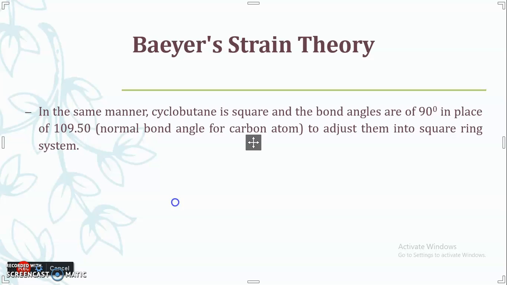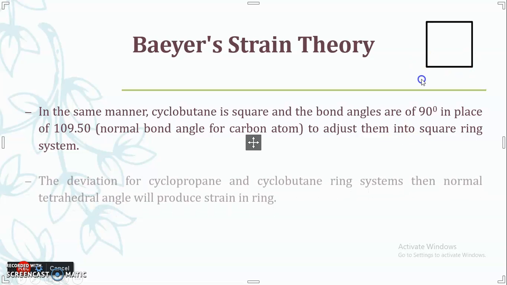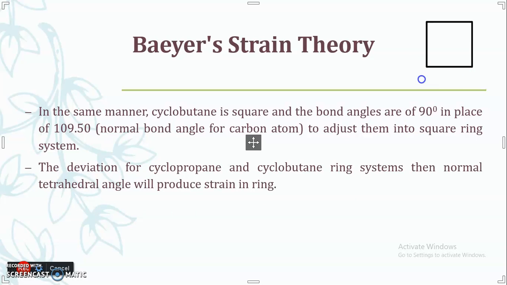In the same manner, cyclobutane is a square. Here you can see the structure of cyclobutane, which is a square, so the bond angles are 90 degrees instead of 109.5, to adjust them into the square ring system. So deviation from the normal bond angle value occurs in these cycloalkanes.